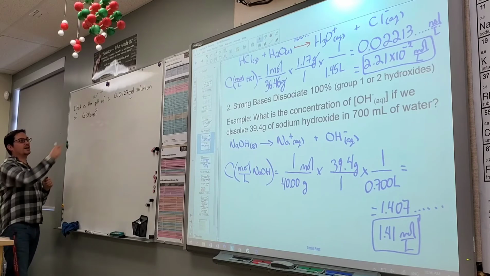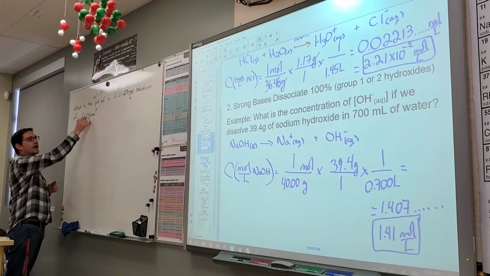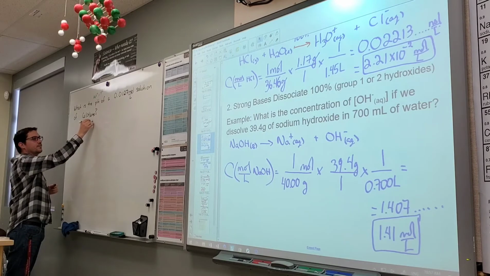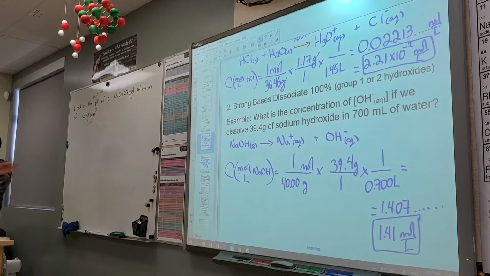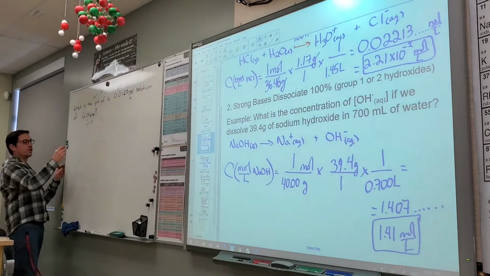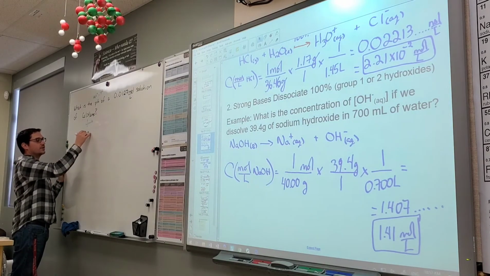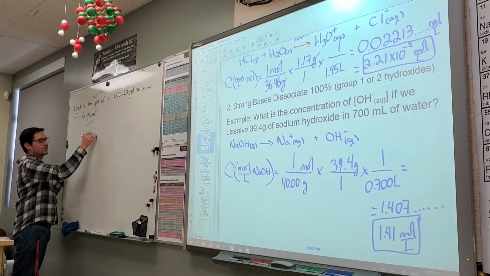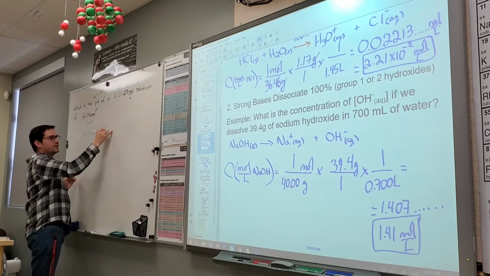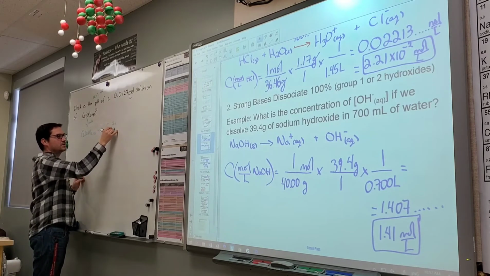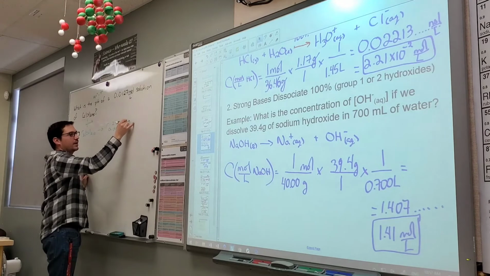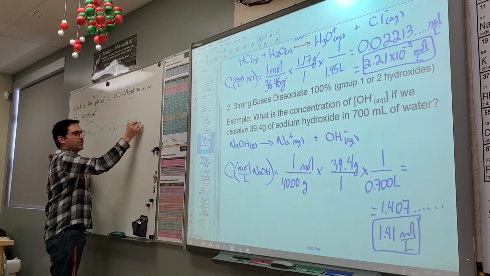Okay. But it's an ionic hydroxide. You just have to assume that this will dissociate 100%. So calcium hydroxide will turn into calcium ions and hydroxide ions, right?